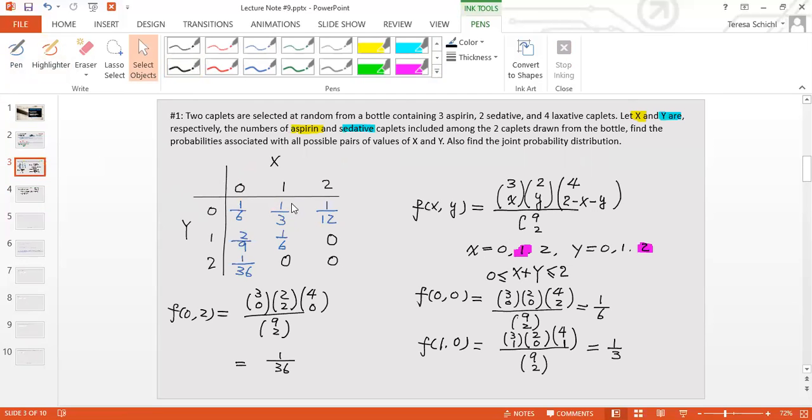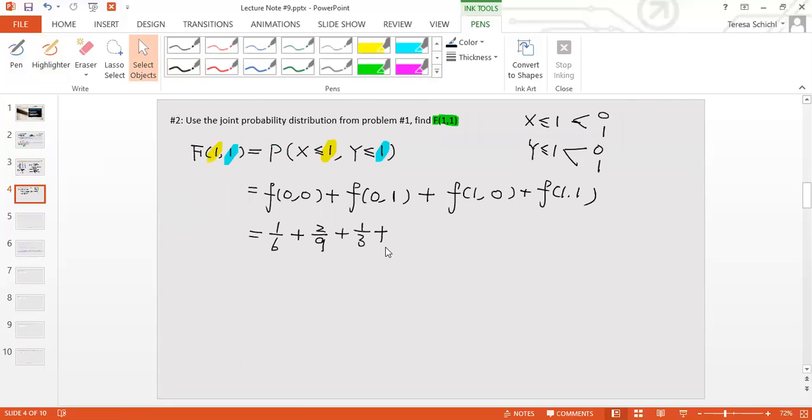Let's go back to here. Take a look here. 1, 1 is what? 1, 1 is 1/6 here. Okay, and then you can add them together, so you will get 8 over 9 here.